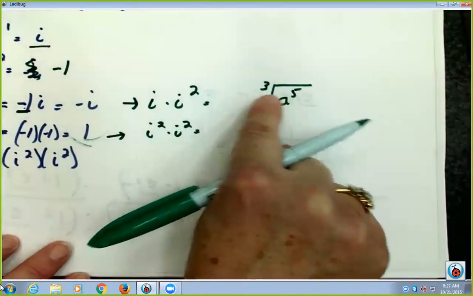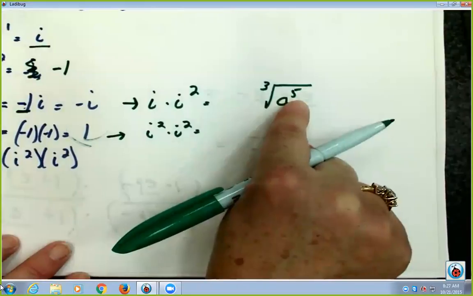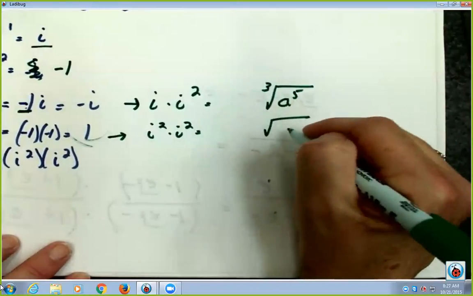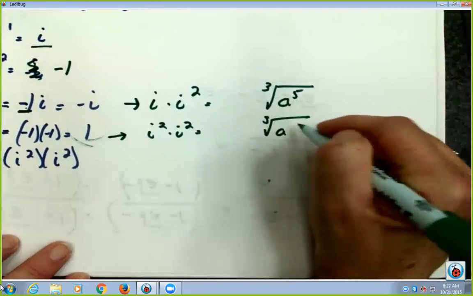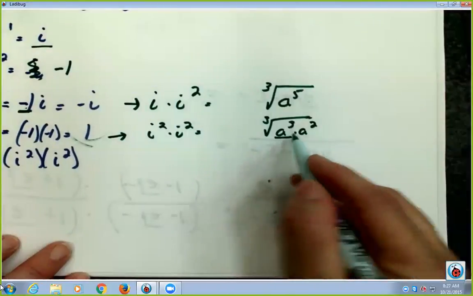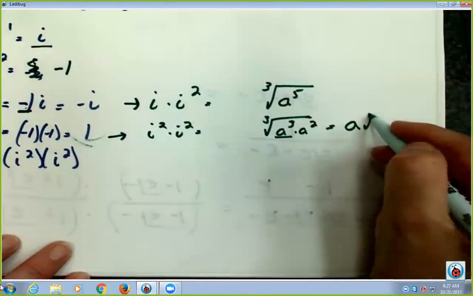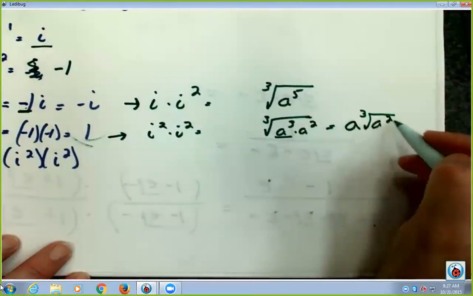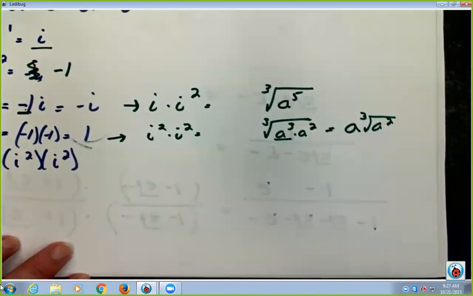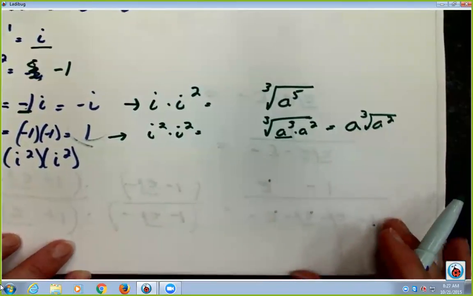How many 3's come out of 5? I can get 1. So under my radical, I had a cubed times a squared, which meant I could pull out an a and leave an a squared underneath. We did those a while back, in 9.2.